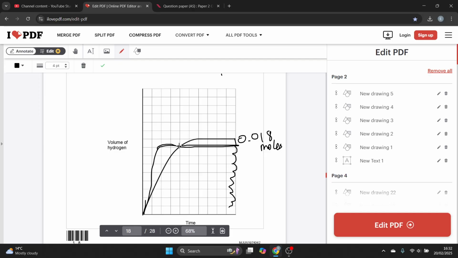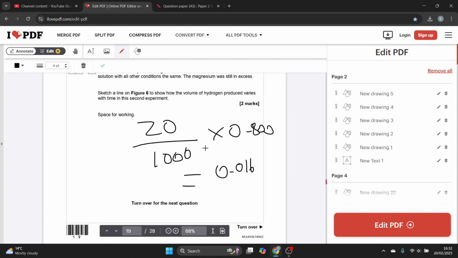There you go. So something like that. And it levels out on the 8th line up, below the 9th line. That is the end of section A.